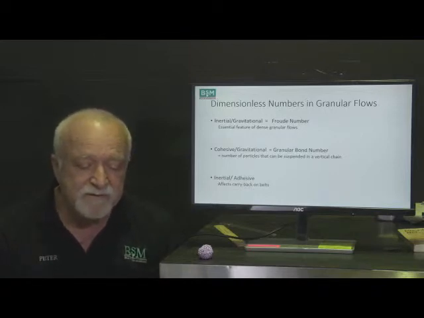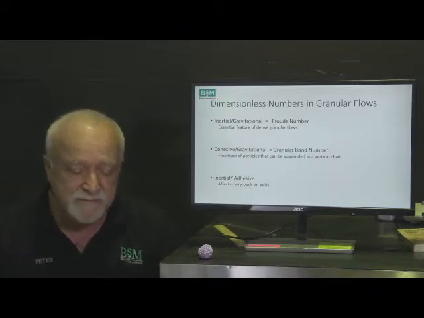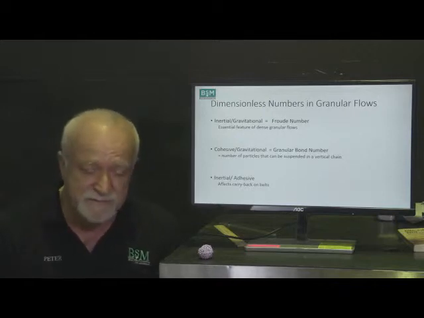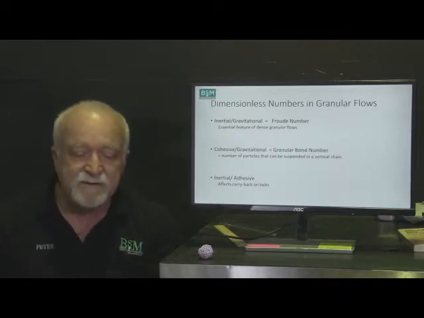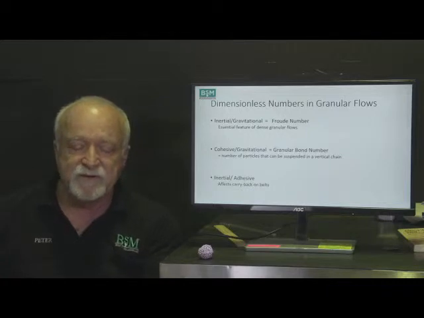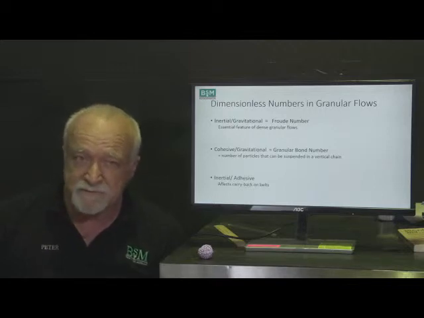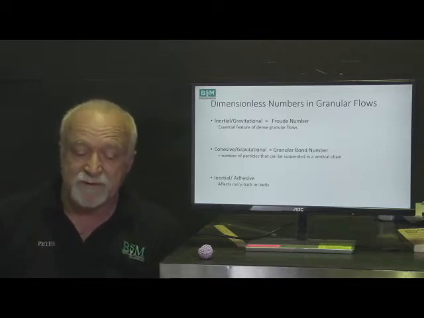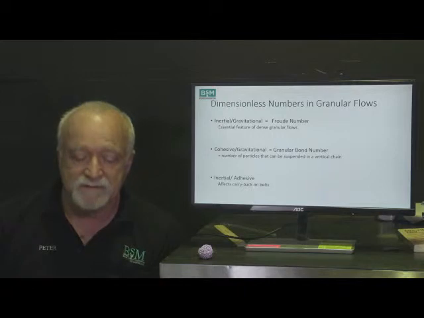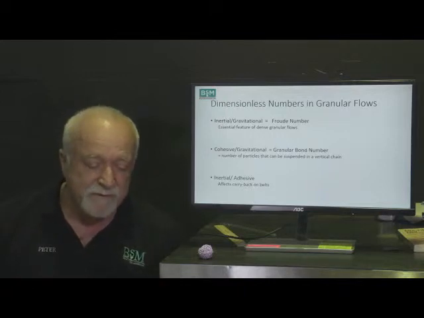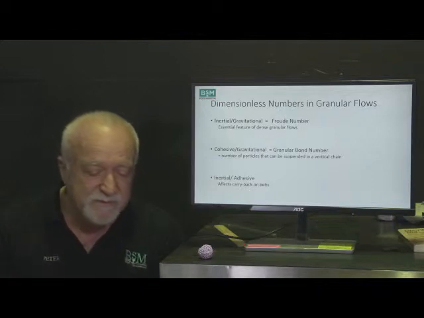And then lastly we've got the adhesive force. There's not even a number for this. We're getting increasingly complex. It's easy to deal with just inertial and gravitational forces. If we bring in cohesive forces, it becomes more difficult. We bring in adhesive forces, it just gets even more difficult. And there's not even a number to describe this.